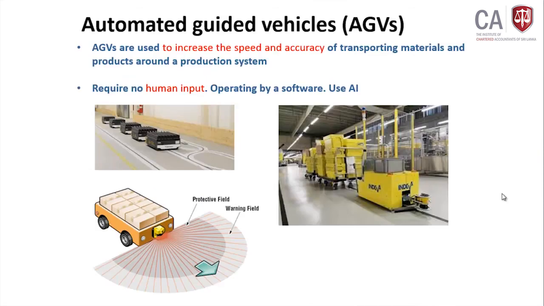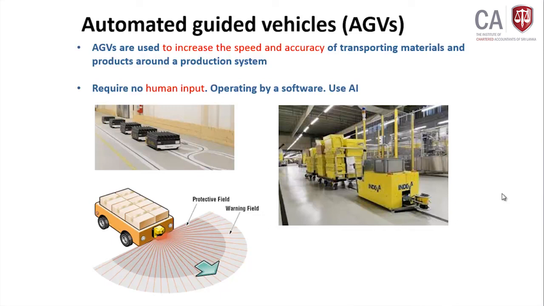So, automated guided vehicle. You may have seen this kind of vehicle used in factories. It is a vehicle that has wheels and goes here and there, and it has a path. The goods are located there, and it also gives a signal to the front. The warning fields and protection fields are there.